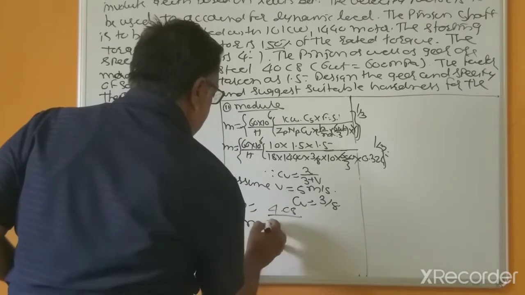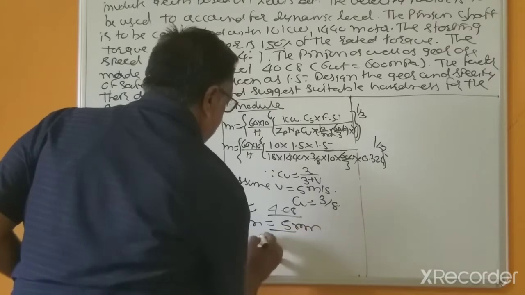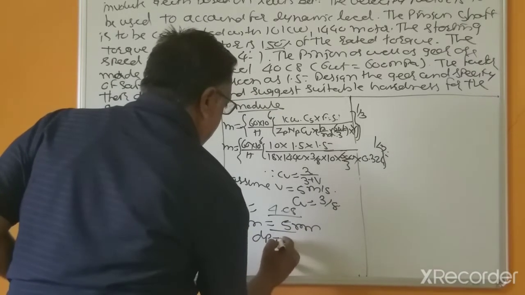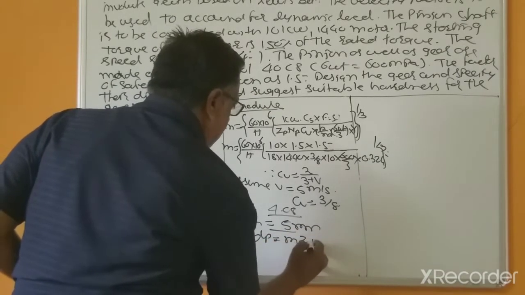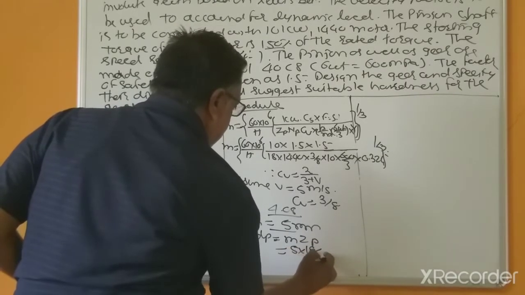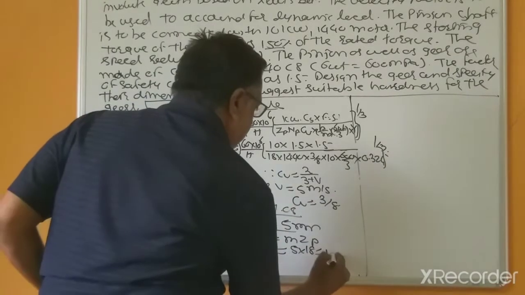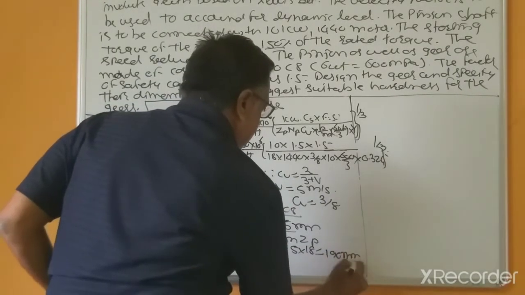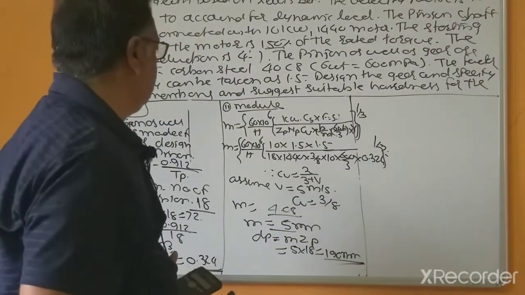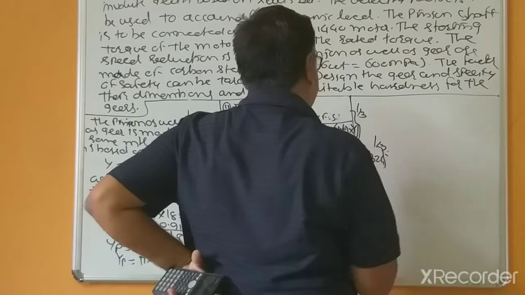So m equal to, consider this is 5 mm, and this d_p equal to m into z_p, so that's why 5 into 18, 90. This is important.